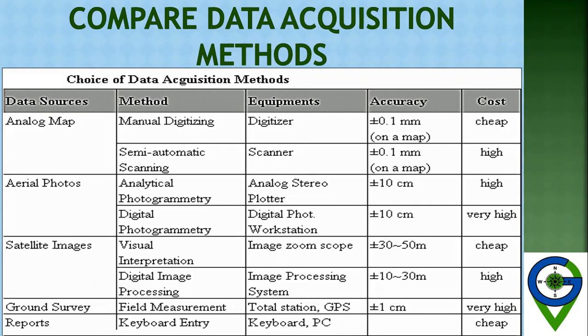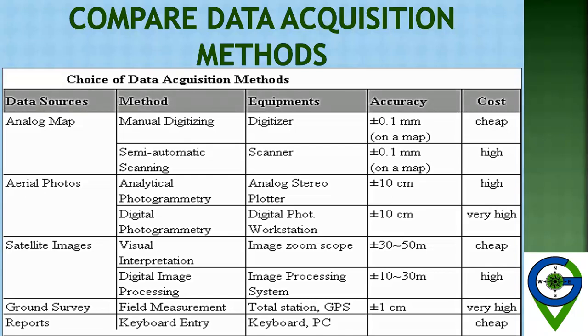The equipment used are digitizers, and for semi-automatic scanning, scanners. For accuracy, manual digitizing is plus minus 0.1 millimeter on the map, and the same with scanners, also 0.1 millimeter on the map. But manual digitizing is cheap, whereas the cost of semi-automatic scanning is high.